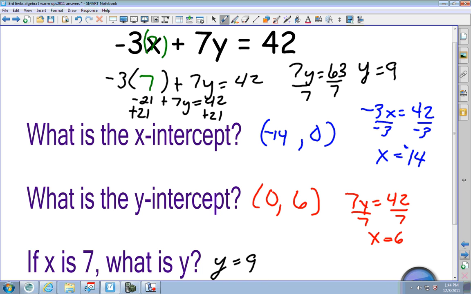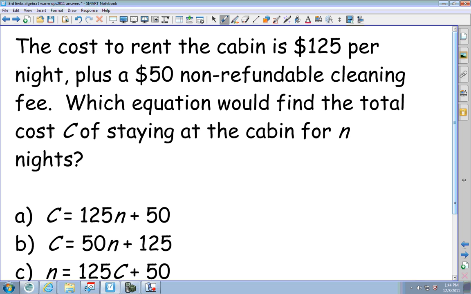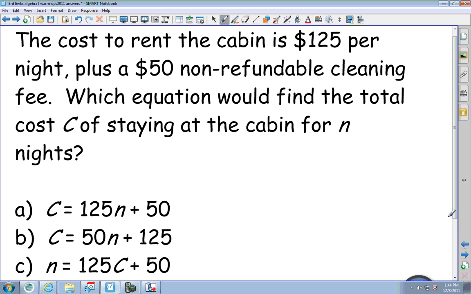The next one. It says the cost of renting a cabin is $125 per night plus a non-refundable $50 deposit.